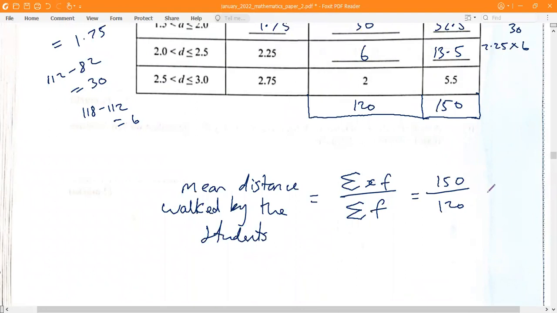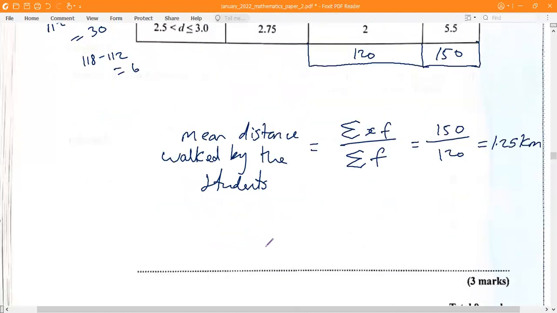So 150 divided by 120, 1.25 kilometers. That's the answer.